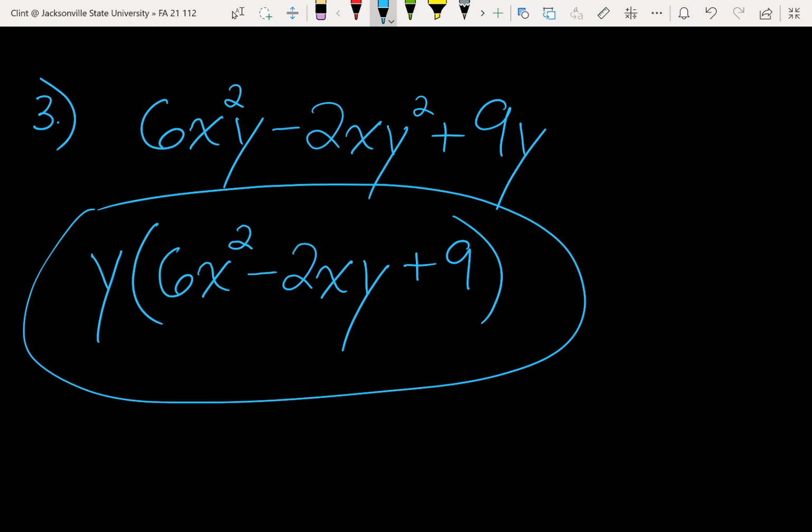I said common factor, but we usually want the biggest one. No questions on that one? Yeah, it'd be similar. These first few are some of the review stuff we did at the beginning, out of the P sections.